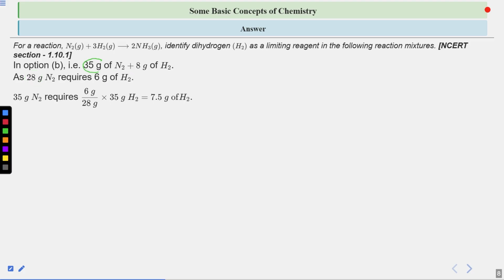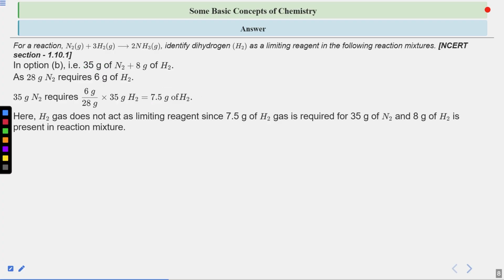Therefore, 35 grams of N2 will require 7.5 grams of H2. But we have 8 grams of H2, which is greater than the required amount. Therefore, nitrogen is the limiting reagent here, as the required H2 for N2 is less than the available H2.